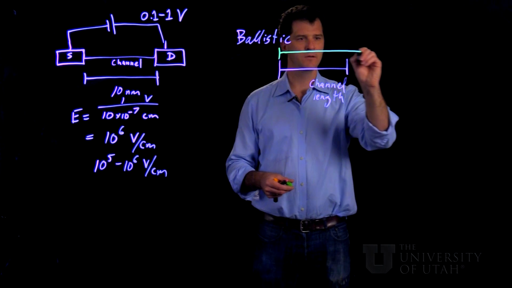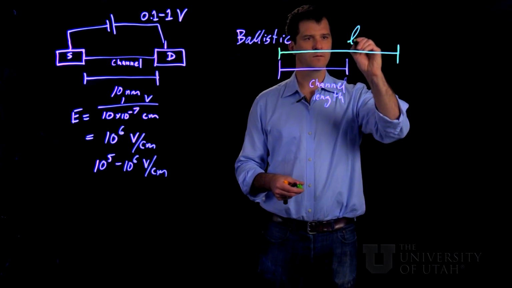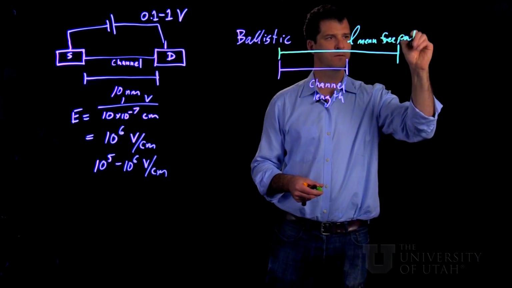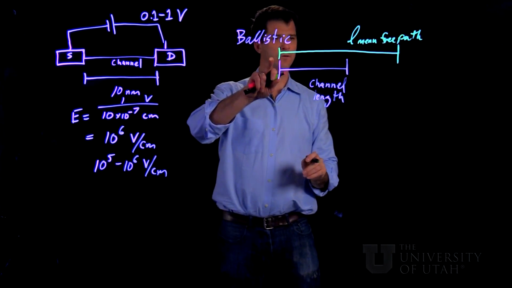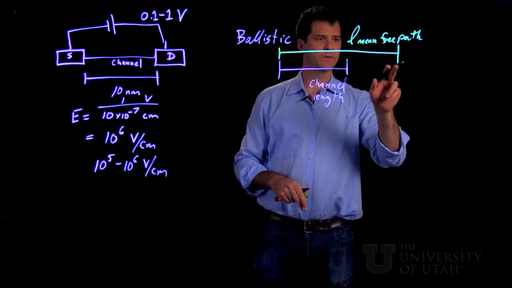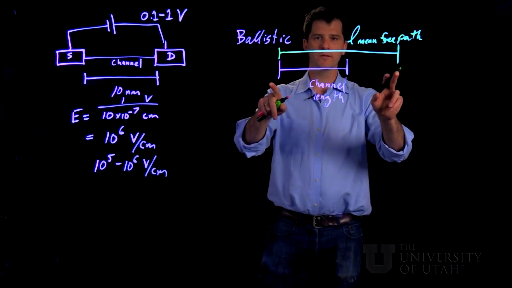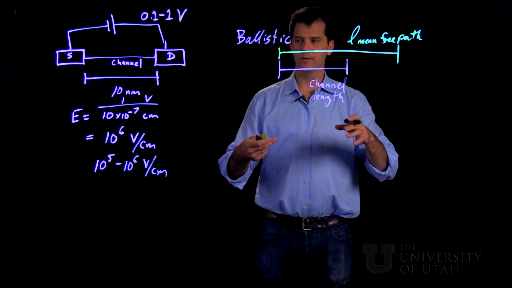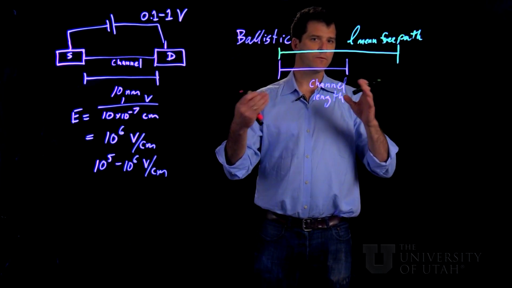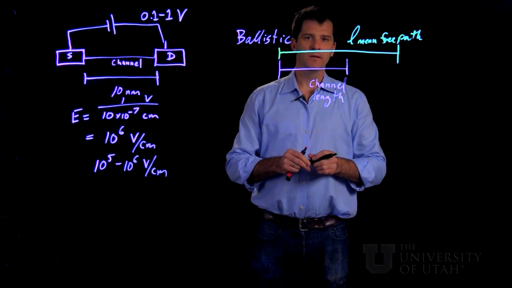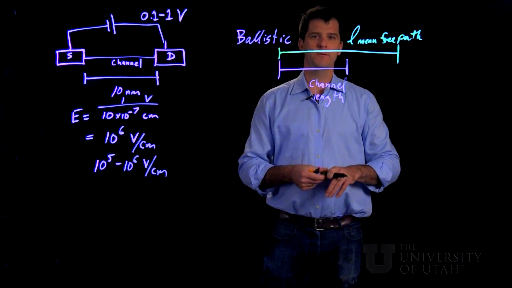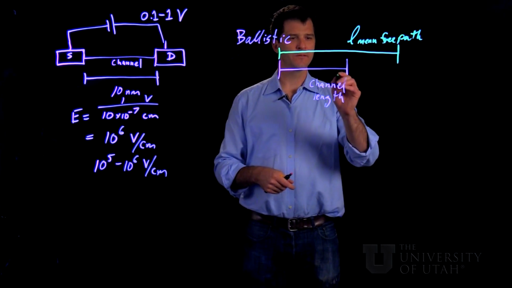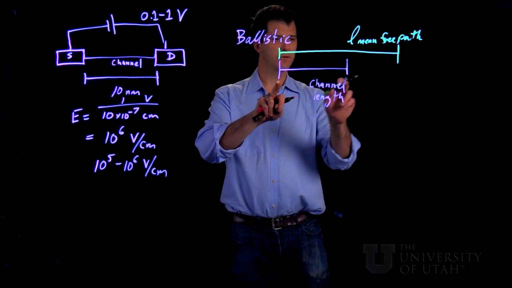So if an electron starts out at the source and tries to make it to the drain, the probability that it will collide with some atom, impurity, or some phonon inside the channel is actually smaller than 1. So there may be 0 collisions between the source and the drain.